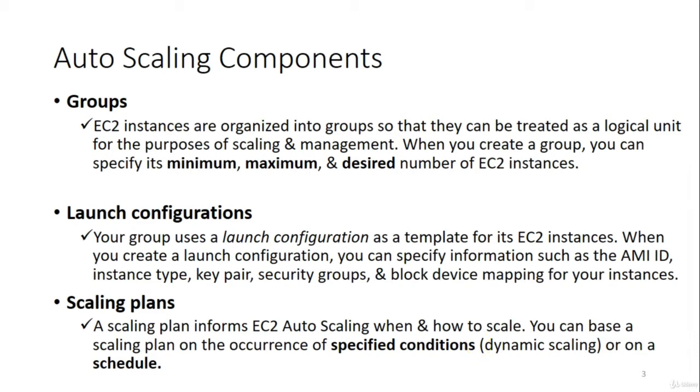The instance number should increase from say 2 to 4 or 5 or whatever. And on a schedule, it means you can set a definite date and time, and based on that date and time the auto scaling will launch instances. It will increase or decrease the number of instances in your auto scaling group.